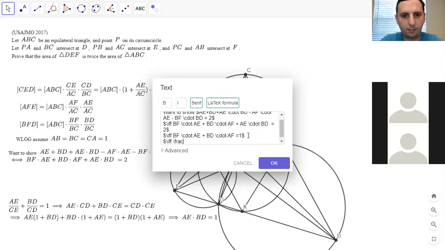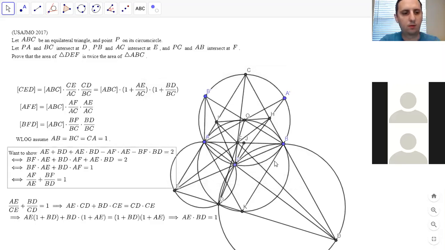So we want to show BF over BD, yeah, AF over AE plus BF over BD equals 1. It's very symmetric.